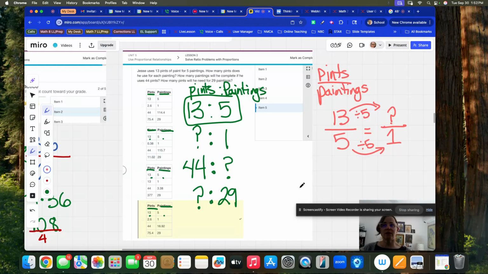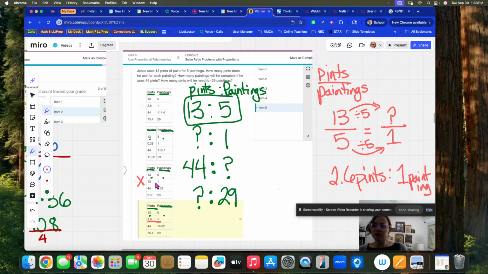Okay, let's look and see if any of them have the unit rate of 2.6 pints to one painting. Ooh, look, this one has it.